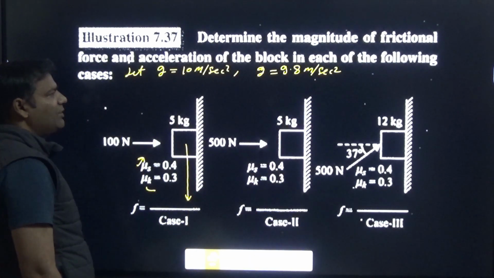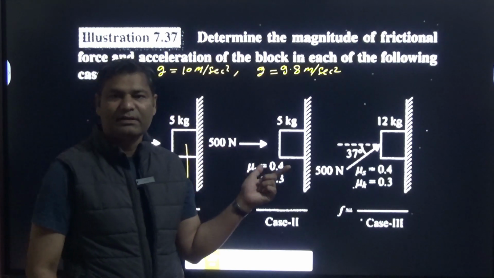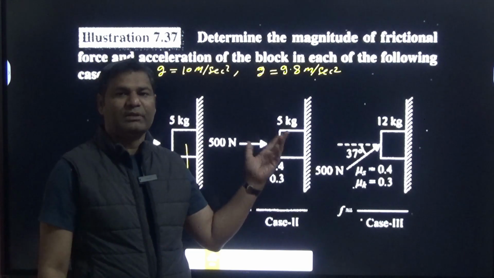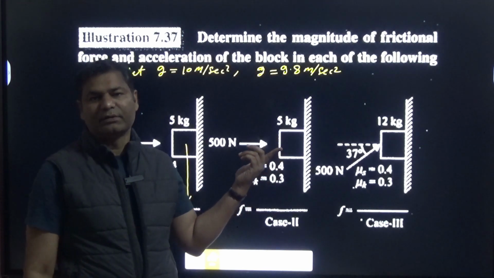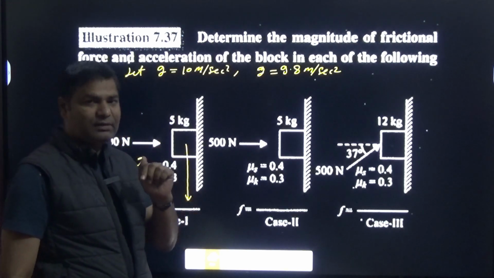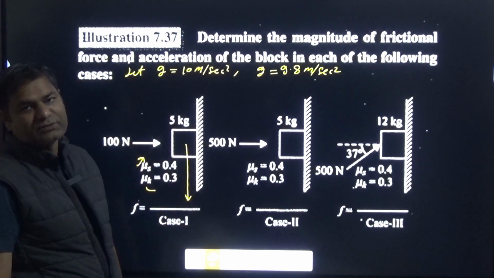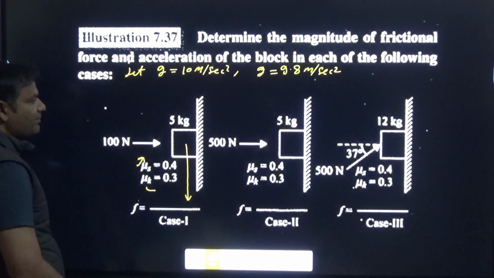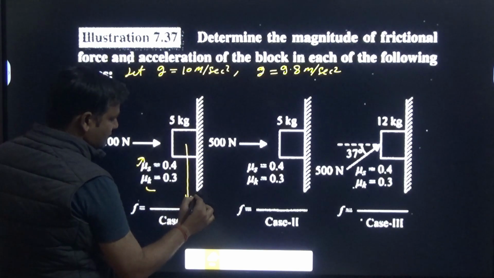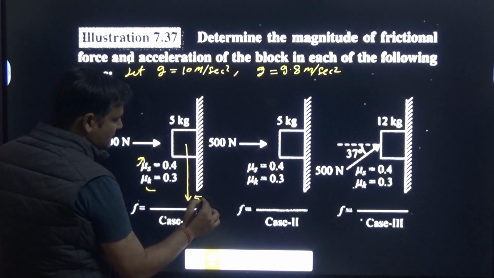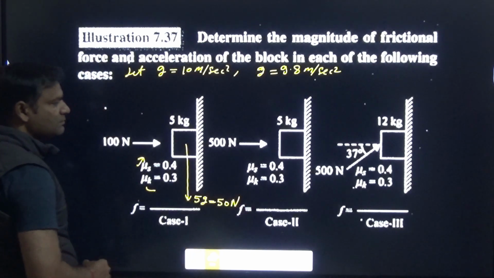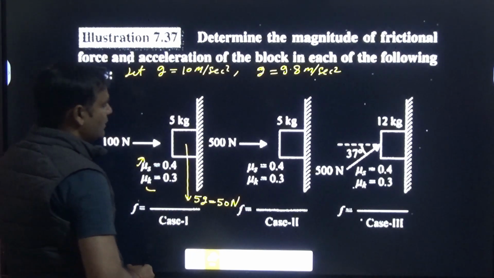For multiplication, 10 is easier. So here 5 into g, g is 10, so 50 Newton.